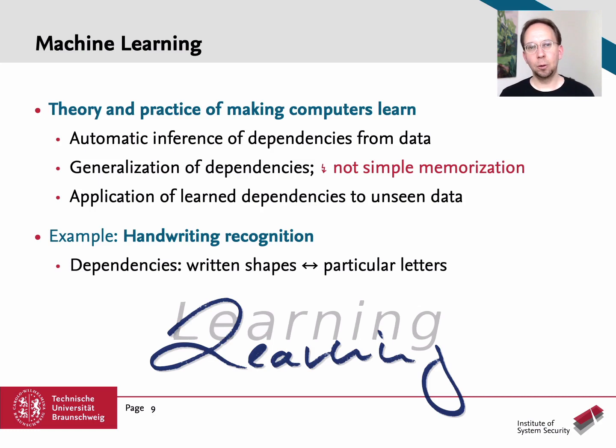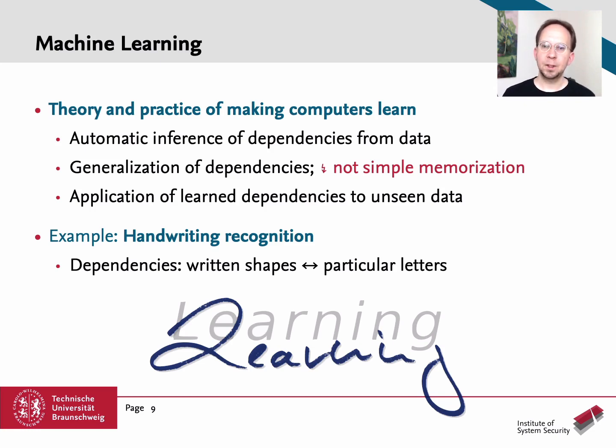So first of all, what is machine learning? Machine learning can be said to be a theory and also a practice of making computers or computer programs learn in a very broad sense. And in its inner part, it's mostly about finding dependencies in data. Sometimes people talk about finding patterns, but I would say it's more about these dependencies. And the dependencies create a link between the input and something that you want to learn.